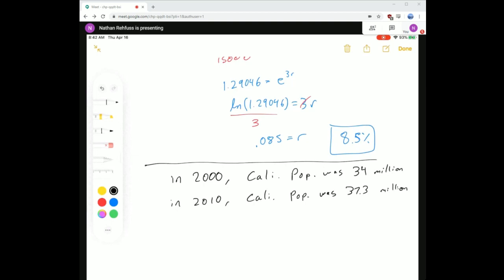If I were doing serious scholarly research and dedicating years of my life to predicting the population of California, I would use a more complicated model. But for a college algebra example, or even a 10-minute presentation, I would use an exponential model. It's probably going to be the best.